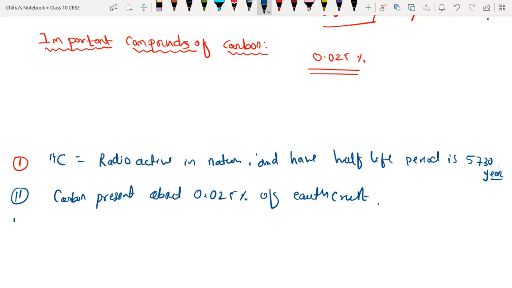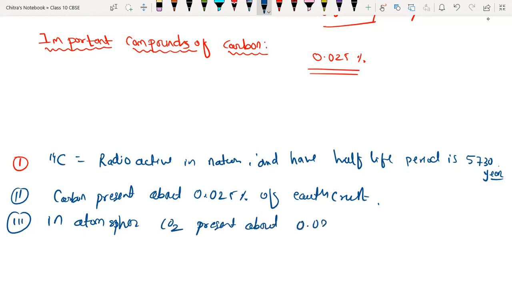Third point, in the atmosphere it is present in the form of carbon dioxide. In the atmosphere, carbon dioxide is present about 0.02 to 0.03% only of air.